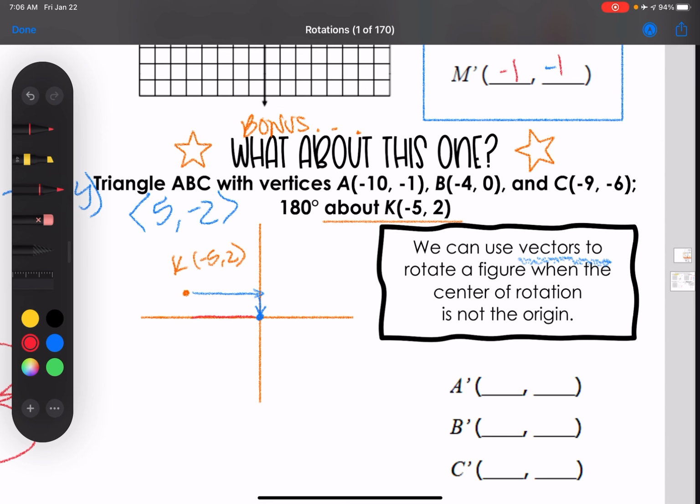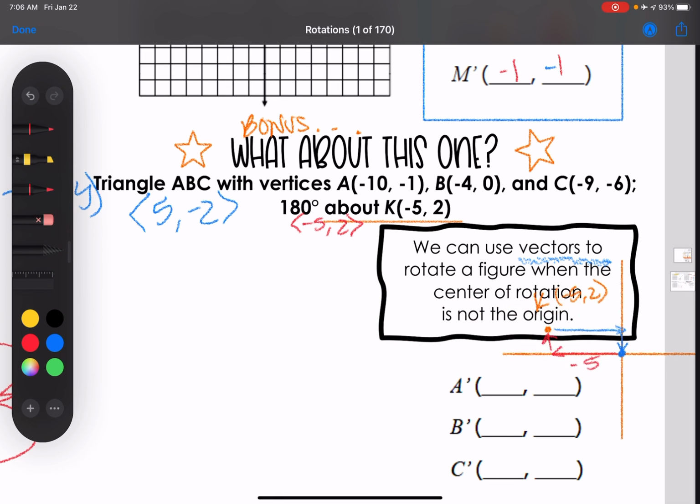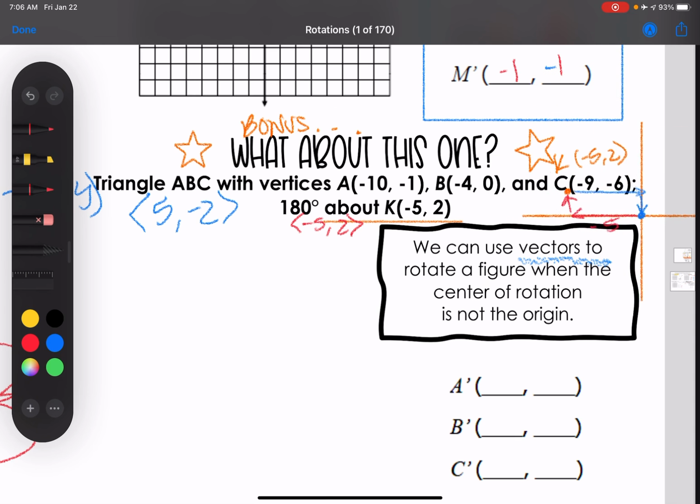And that's going to be by going to the left 5 and up 2. Which were our original points, by the way. And that becomes our vector that we work with. And I'm going to move this a little bit to the side, since this is just to show you guys what's actually happening.